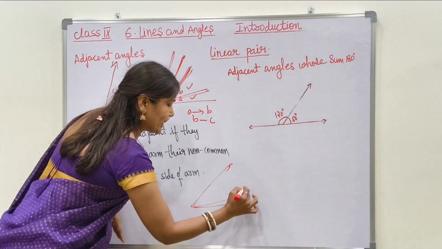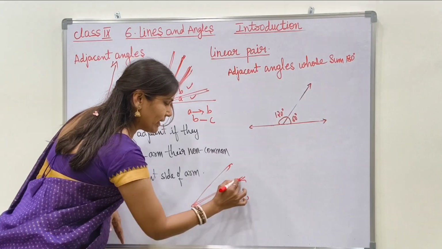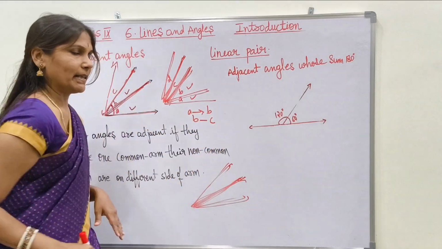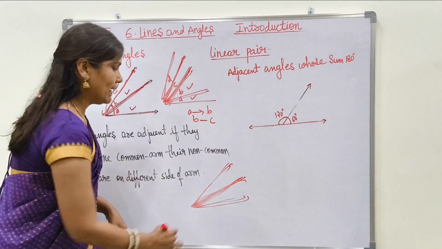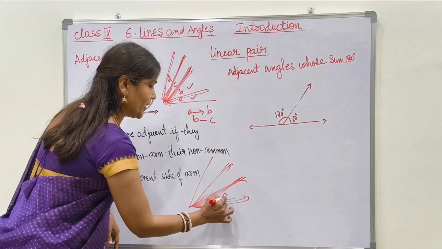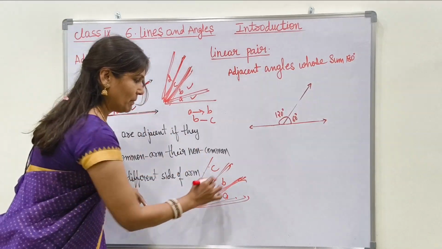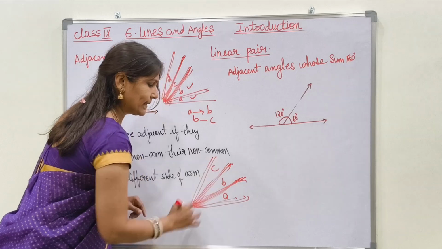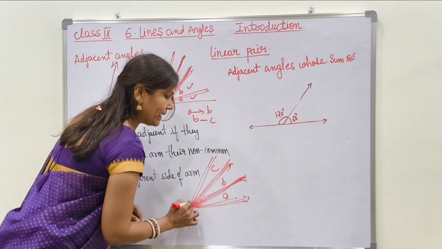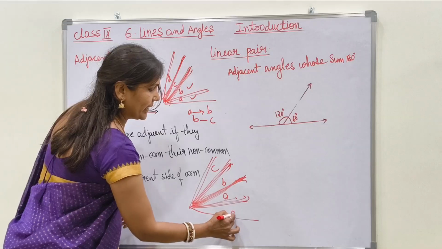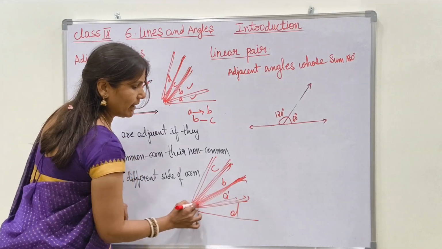Like this, in the middle we want a common arm. If there is one common arm, these two angles are called adjacent. Here is one more: A, B, C. Are A and C adjacent angles? No. B and C are adjacent angles. Otherwise, A and B are adjacent angles. Here I am taking one more angle, D. See, D and A are also adjacent angles.